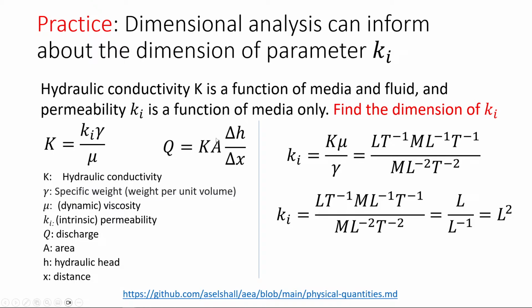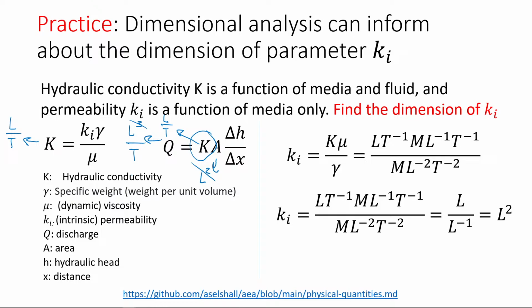Here this is area, so it will be L squared. This is volume over time, so that's L cubed over time. So then what would be the unit of this one? This will cancel with this, so the unit of this one will be length over time. So now I know that this is length over time.